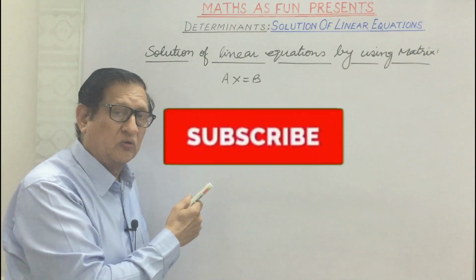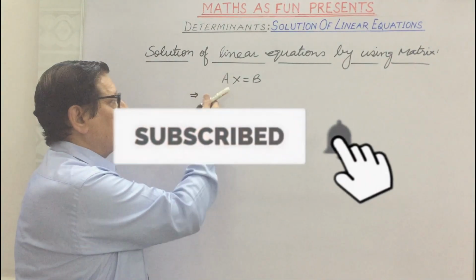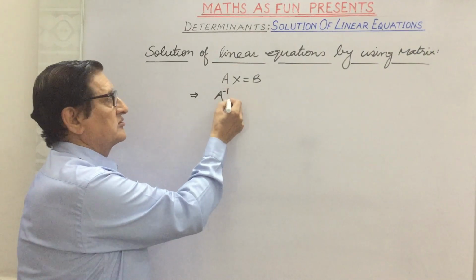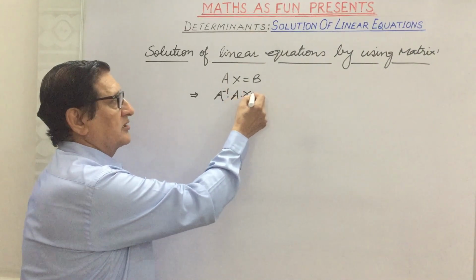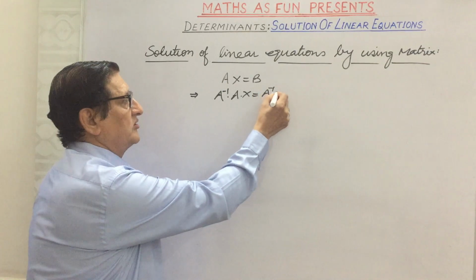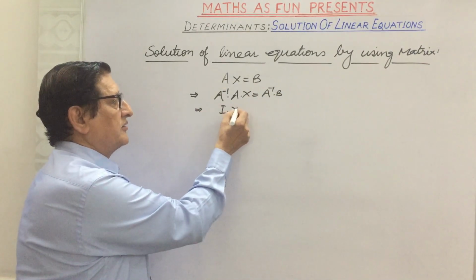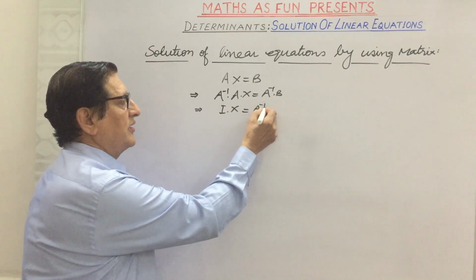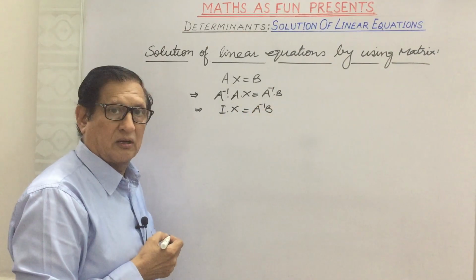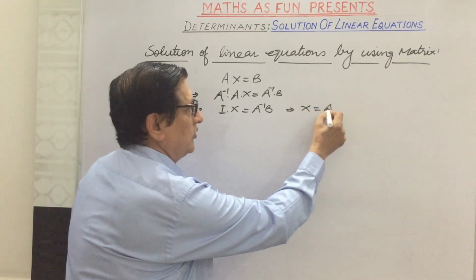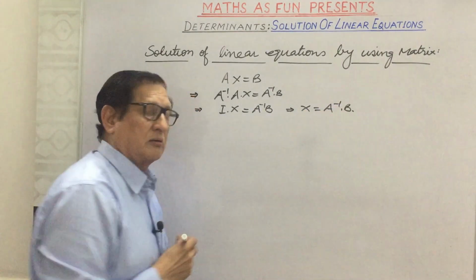For that we will multiply A inverse on both the sides. That is A inverse into A into X is equal to A inverse into B. A inverse into A is I, that is I into X is equal to A inverse into B. And we know I into X is X, so we get X is equal to A inverse into B.